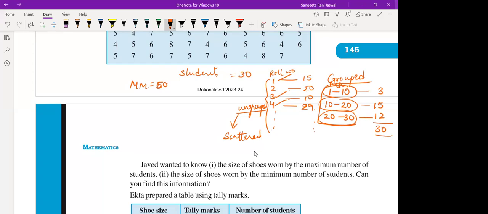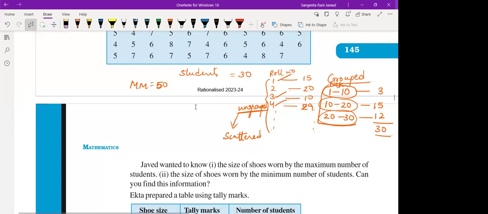What is grouped data and what is ungrouped data? You understood the difference? So this is how I group the data. The things are the same. 30 students are there. They all got so many marks. I have just grouped them like this. So now the concept of grouped and ungrouped, you have understood.